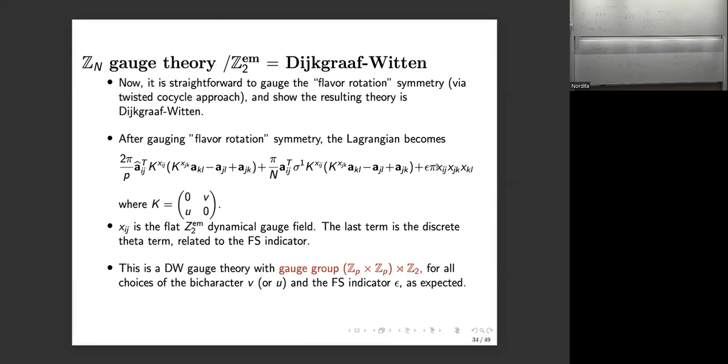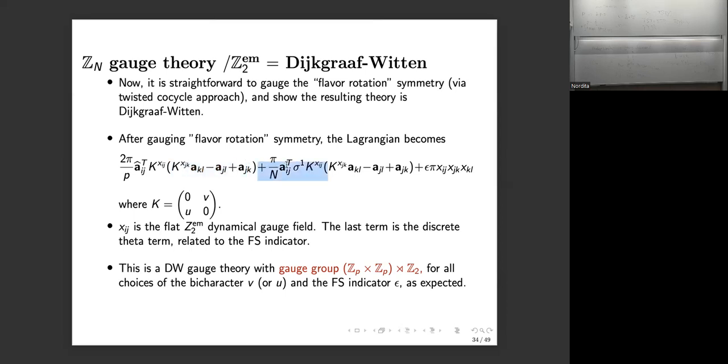You just use this twisted cocycle approach to write down the Lagrangian, where this Xij is the dynamical gauge field for the Z2 EM symmetry. As you can see here, the first term is basically a BF term, which, when you integrate out the A hat, constrains that this A must be a twisted cocycle.